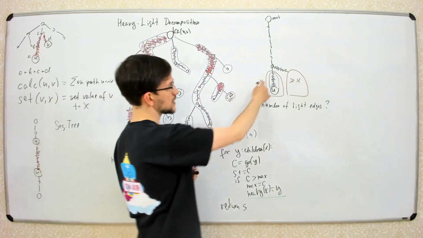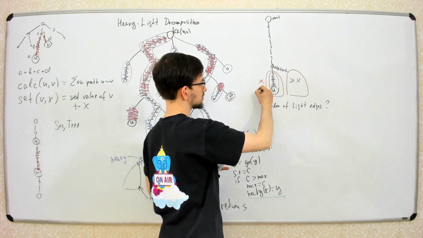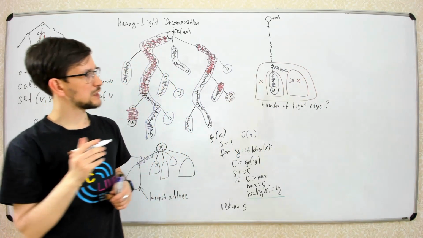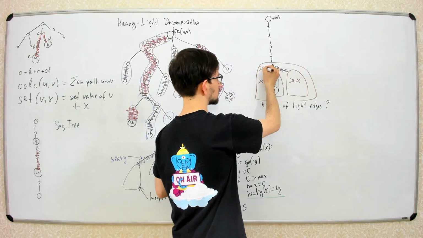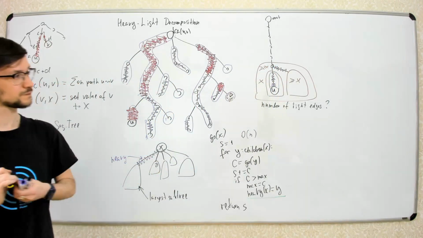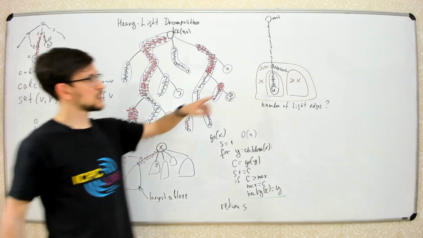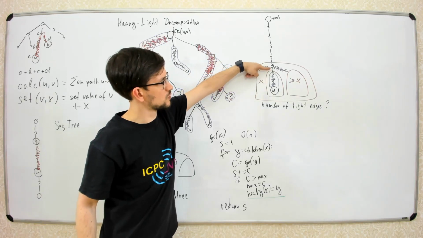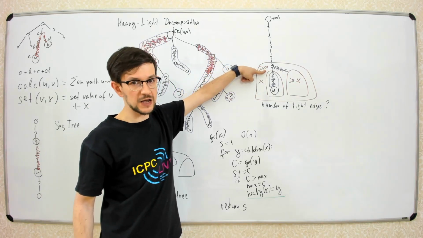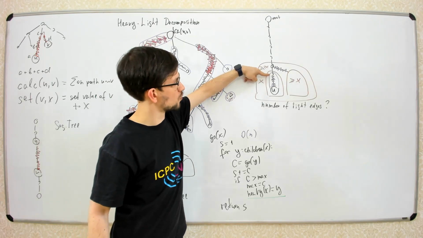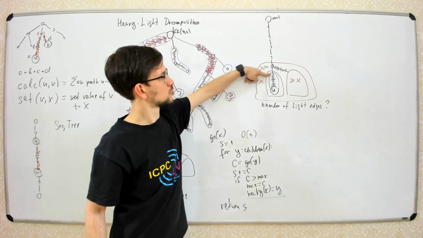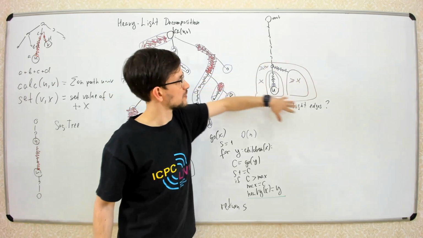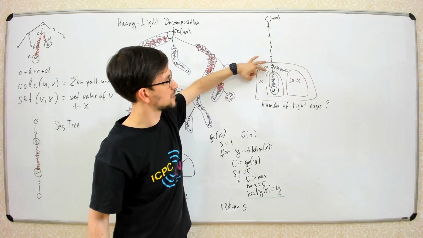And it means that the size of the parent's tree is at least 2x. So again, you go from U to the root. If you see some light edge, it means that you move from a subtree of size x to a subtree of size at least twice bigger.